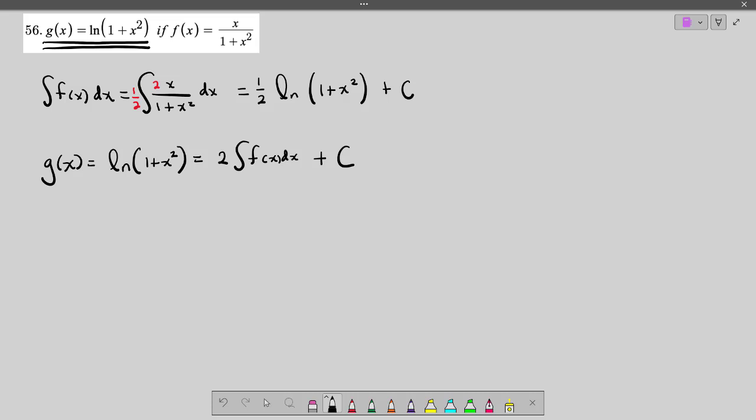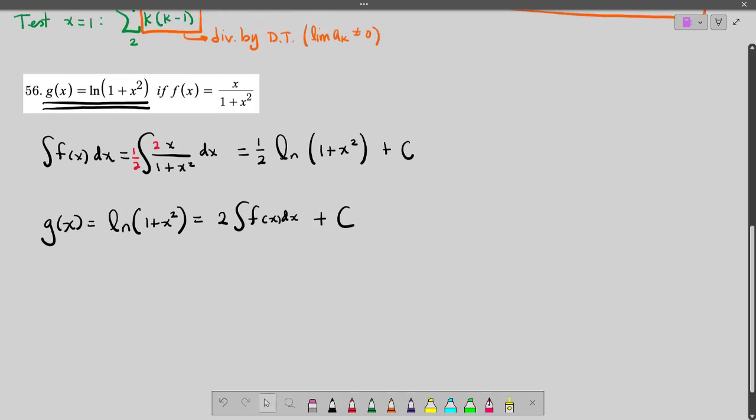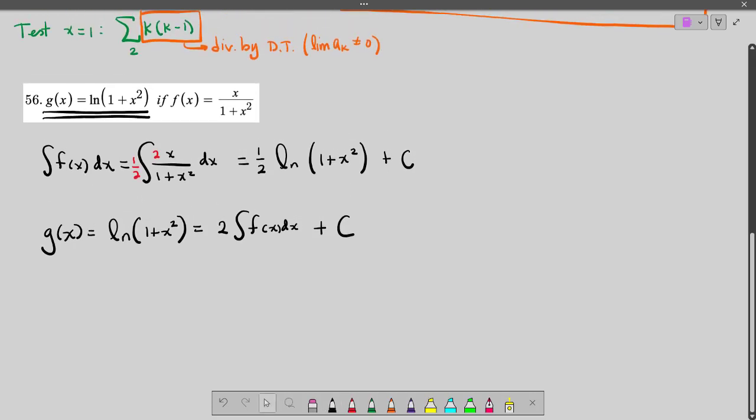We could actually ignore this constant for now, because isn't there another constant that's going to come into play as soon as we integrate f? As soon as we integrate f, there's a constant, and so that's going to just merge with that constant anyway. So now our next step is to find the power series for f.